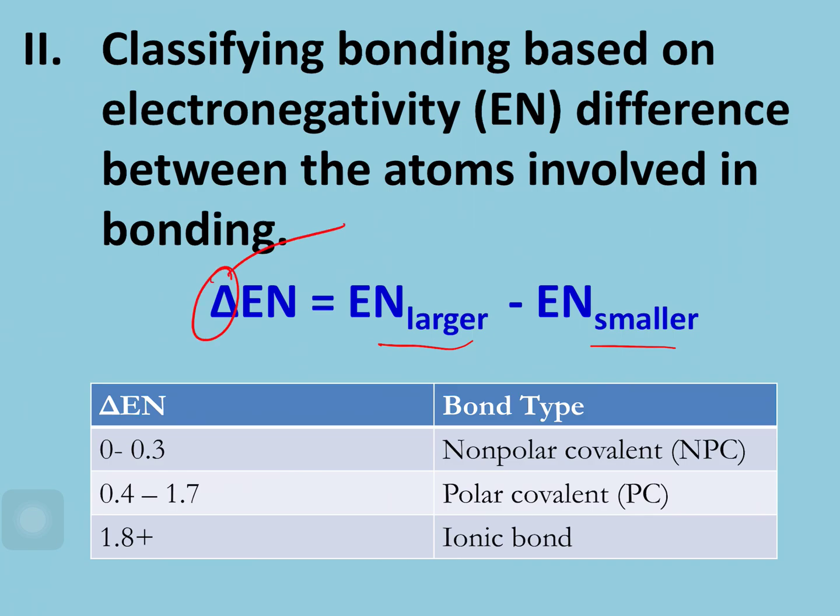This triangle just means change in. And you need to memorize this chart. If it's 0 to 0.3, it's nonpolar covalent. If it's 0.4 to 1.7, it's polar covalent. And if it's 1.8 plus, it's an ionic bond.